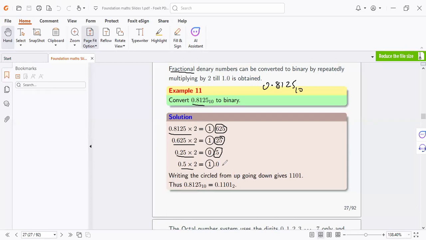So when we reach there, we now write what we got from up going down. We write the numbers before the decimal, that is 1, 1, 0, 1. So this is the binary number. Then put a 0 before that.